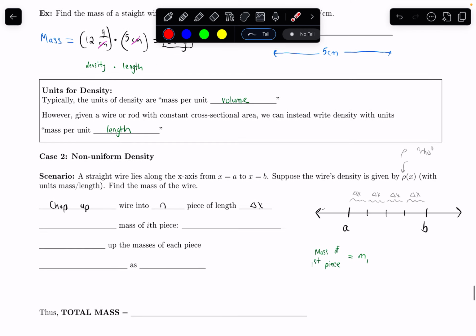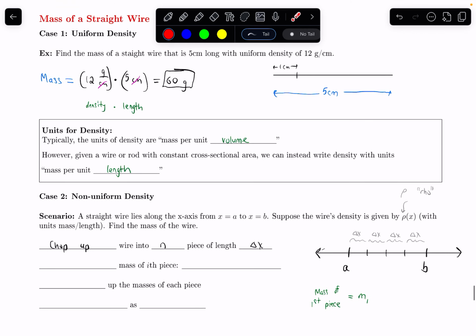I'm going to use the idea of the first example to estimate its mass. I know the mass changes along the way, but maybe I can estimate just one number, its density. If I can do that, I just multiply the density by the length, and that gives me the mass. So I have to estimate the density because the density is changing along the way.